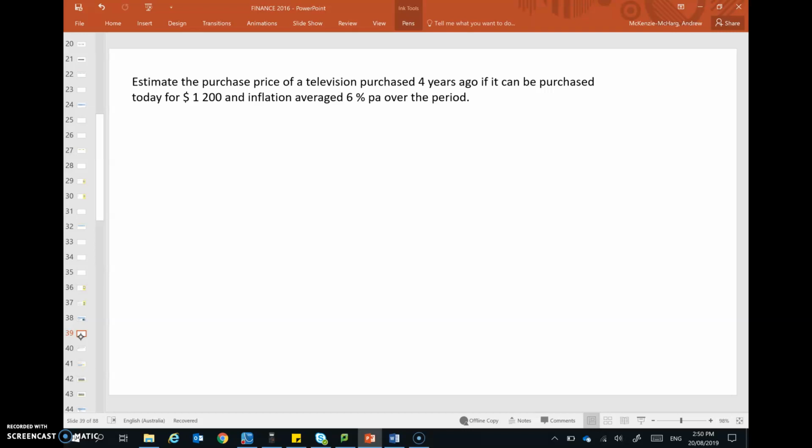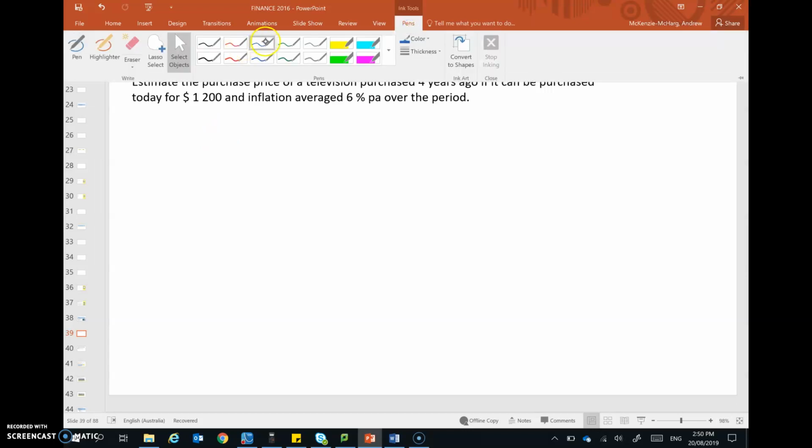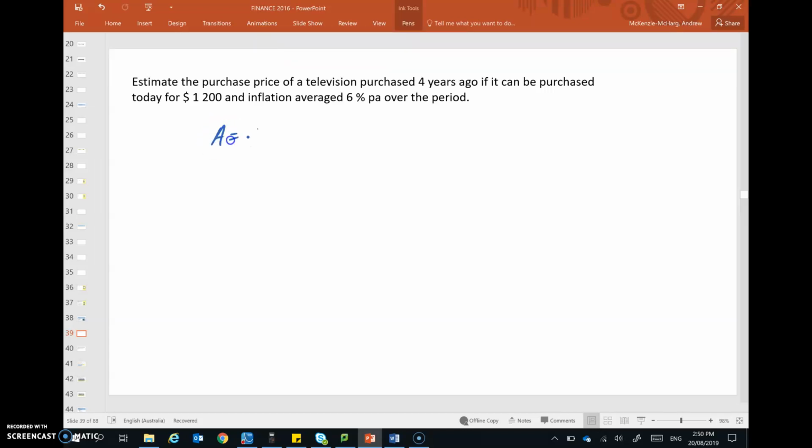Okay, so I'll have a go at it now. So we're saying that the compound interest formula, which is the same as the formula for inflation, looks like this. So when we get the principal on its own, it's going to be like this. Righto, so it can be purchased for $1,200. That's the future cost.